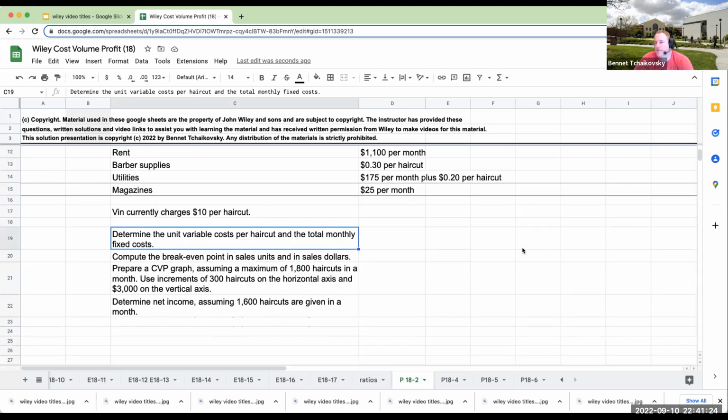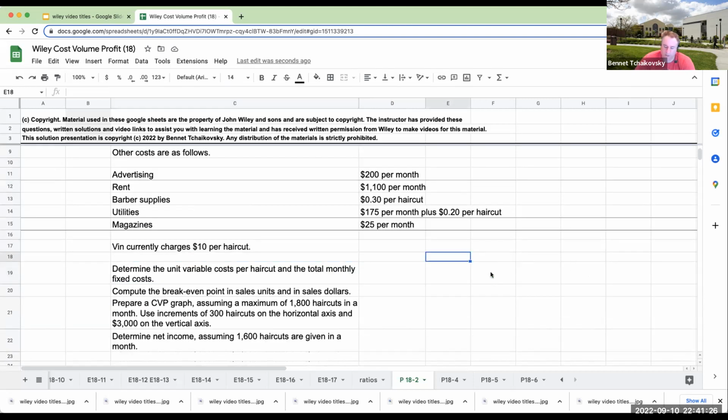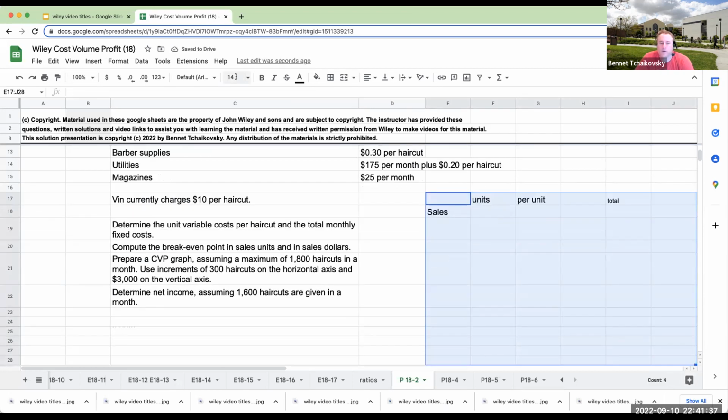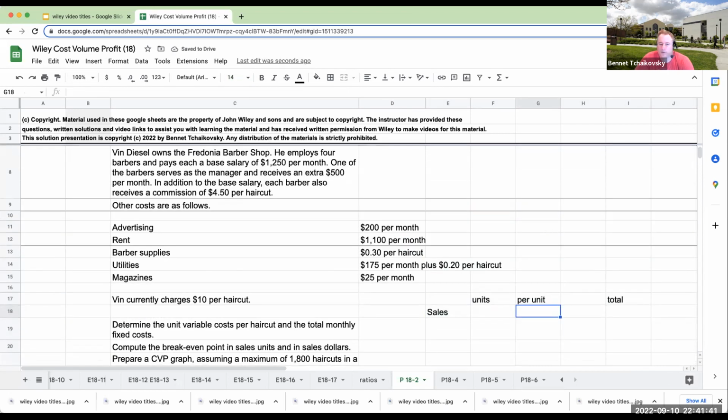Let's go ahead and set this up as cost, volume, profit. We'd have sales, units, per unit, total. My per unit here is going to be $10 per haircut for the sales.